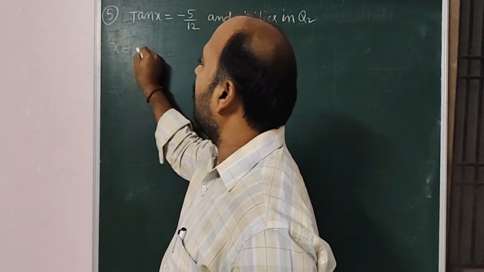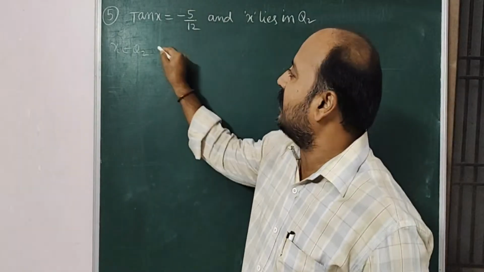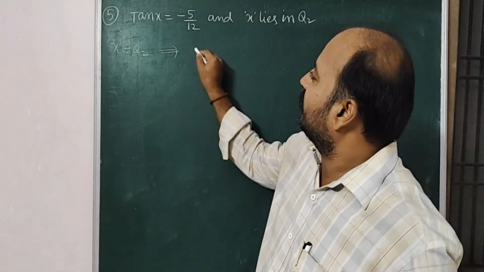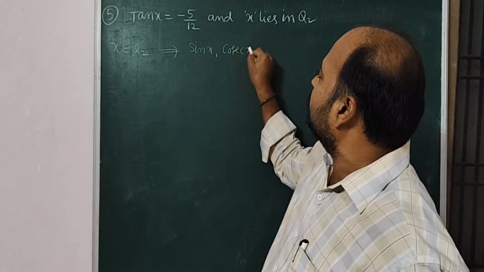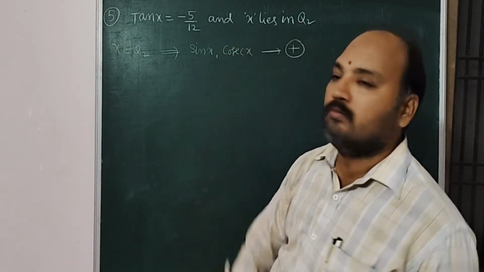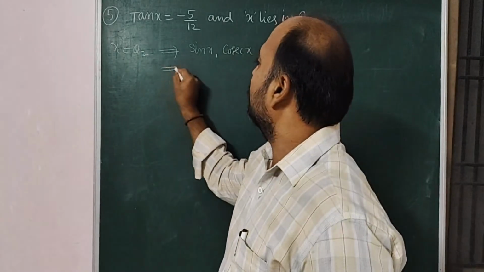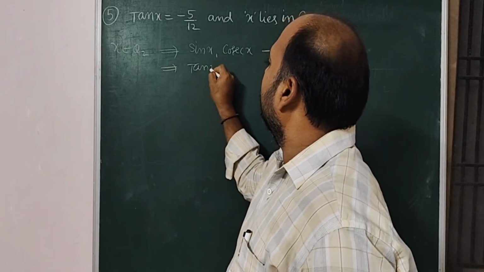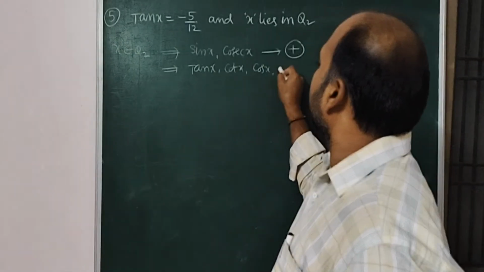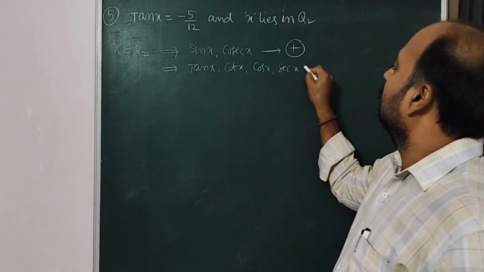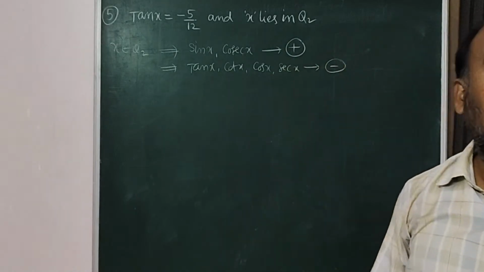X belongs to quadrant 2. That implies that sin x and cosecant x are positive. The rest of them are negative. That means tan, cot, cos, secant are negative.